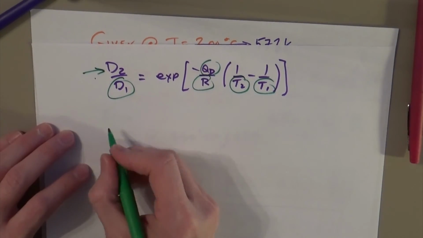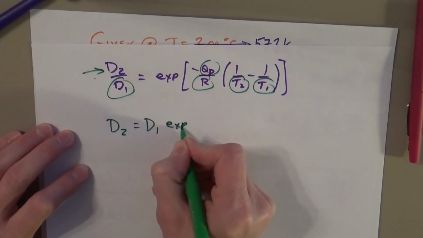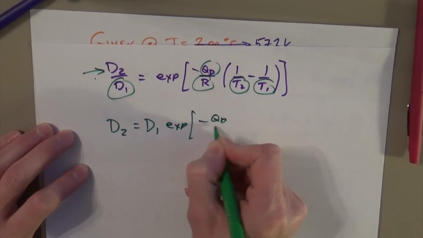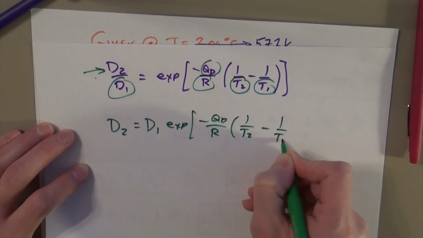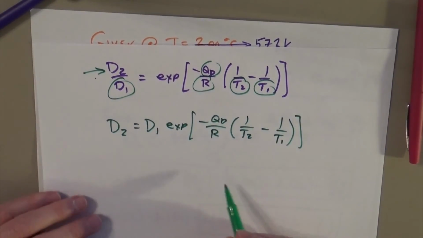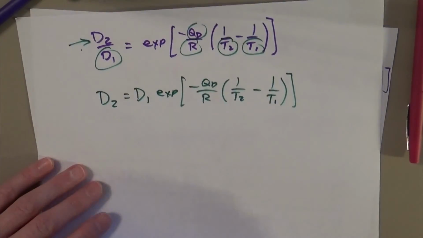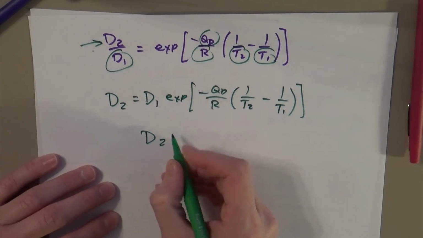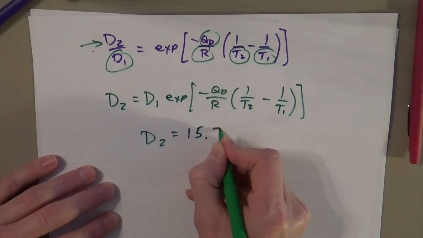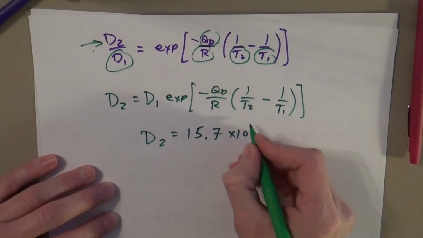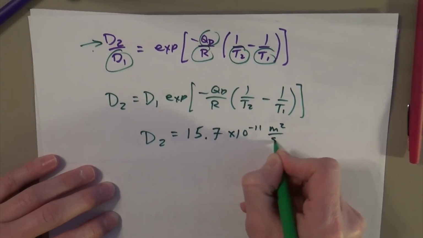So D2 is equal to D1 exp of negative Q_D over R times 1 over T2 minus 1 over T1. And when we substitute in all of these values, we get D2 is equal to 15.7 times 10 to the minus 11 meters squared per second.